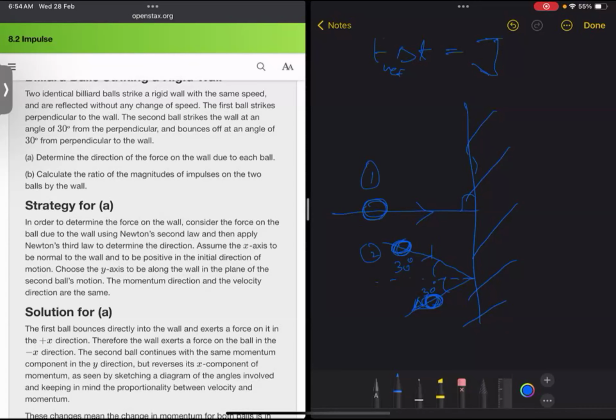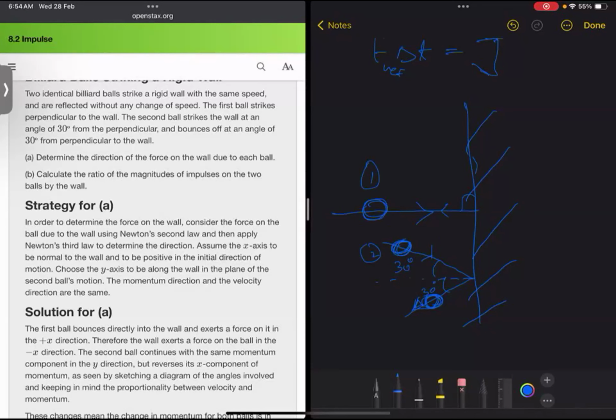When the first ball strikes perpendicular, it will come back in the same direction. The second bounces off at an angle. So determine the direction of force on the wall due to each ball.